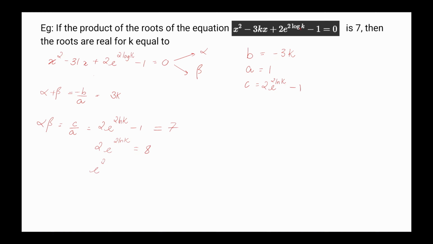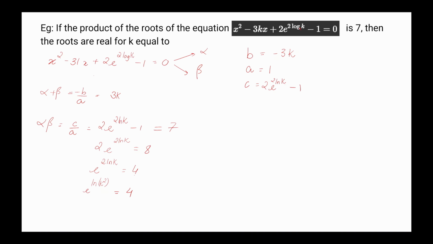This becomes e to the power 2 ln k is equal to 4. How can I write e to the power 2 ln k? This can be written as e to the power ln of k square, because whatever power I have inside the logarithm, I can take outside as multiplication, and I can take it in reverse as well. So this is equal to 4.